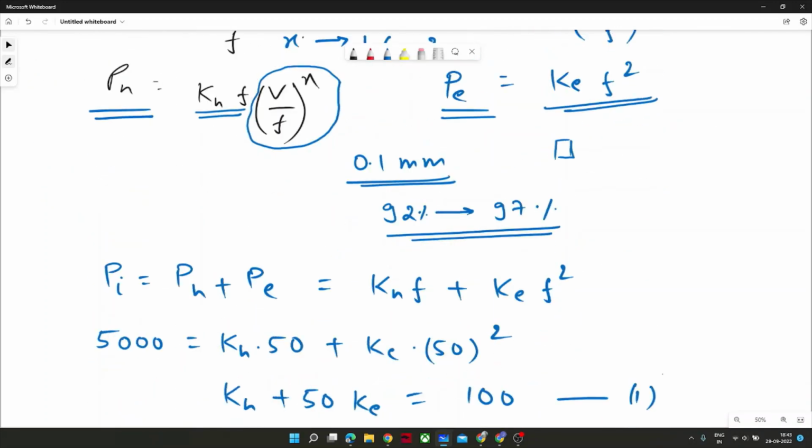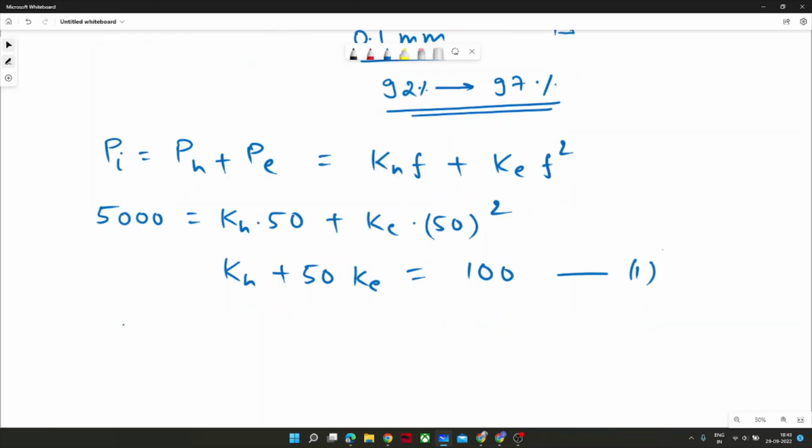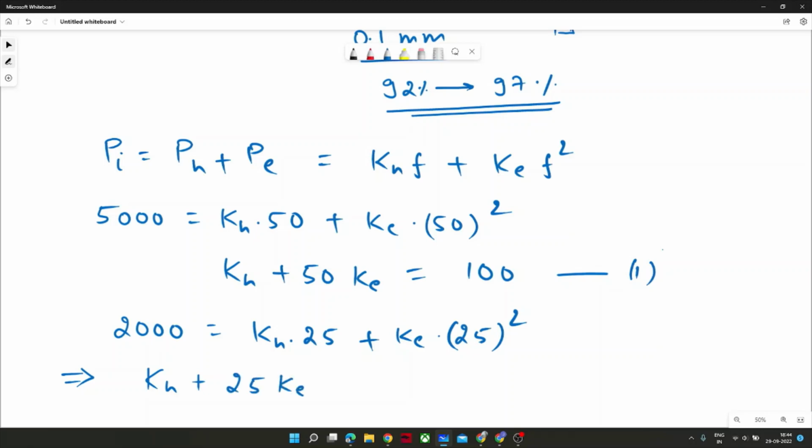So I will write another condition: 2000 watt equals KH into 25 plus KE into 25 square. If you solve this equation, you will get KH plus 25 KE equal to 80.